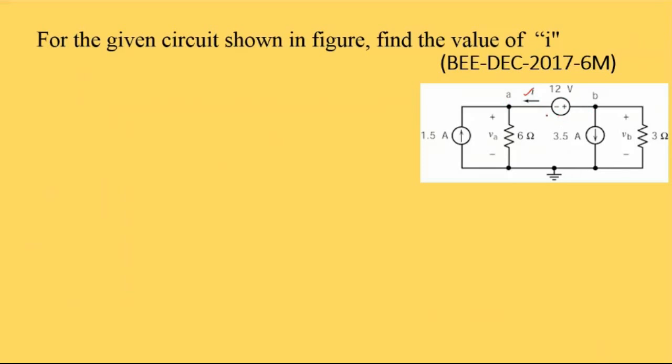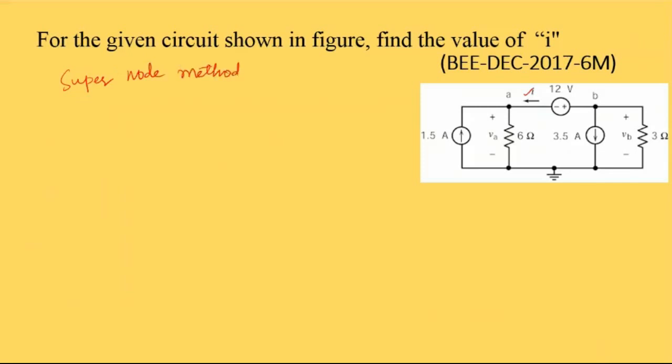But as you can see, there is a voltage source of 12 volts between node A and node B. So this can't be solved using normal nodal analysis. We have to use the supernode method.